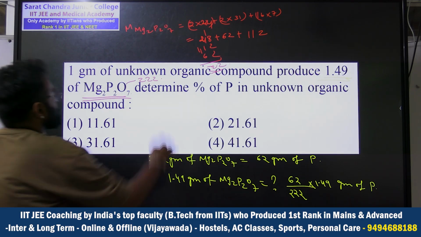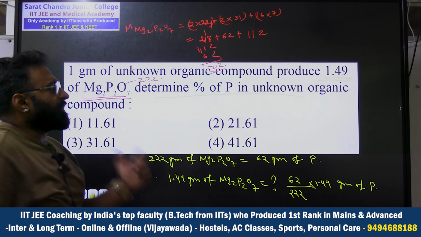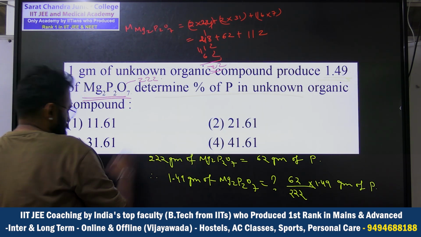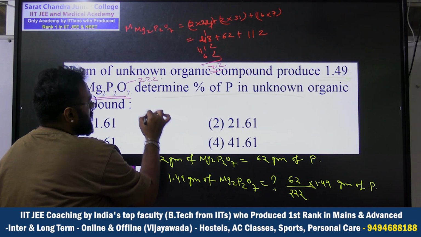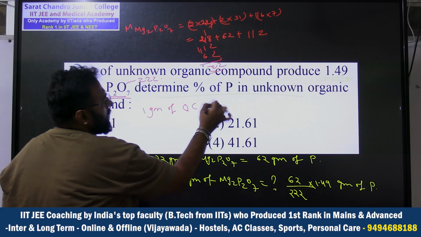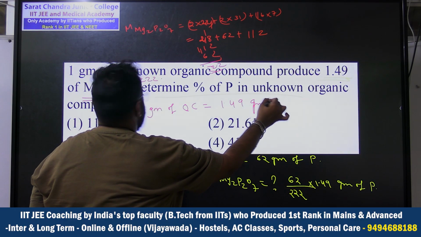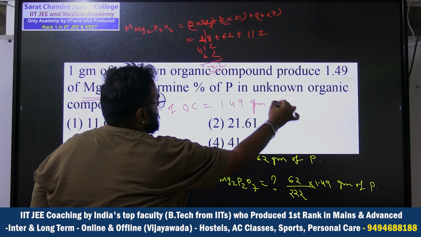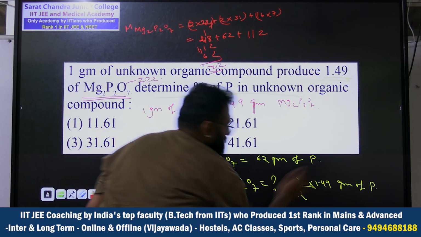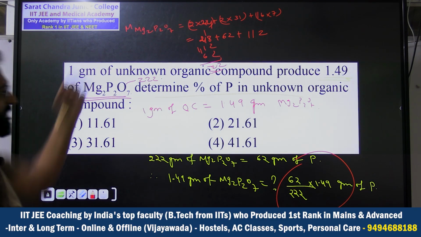Now the question is asking the percentage phosphorus in the unknown compound. When 1 gram of organic compound gives 1.49 gram of Mg2P2O7, using this data, what will be the percentage phosphorus?